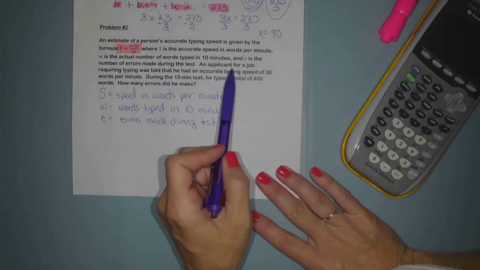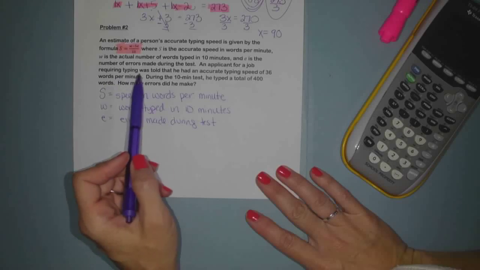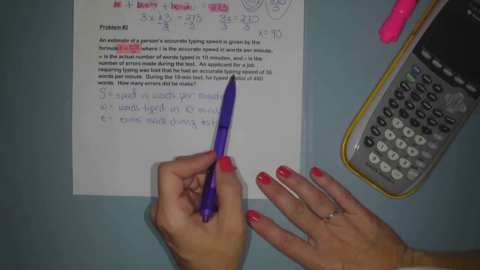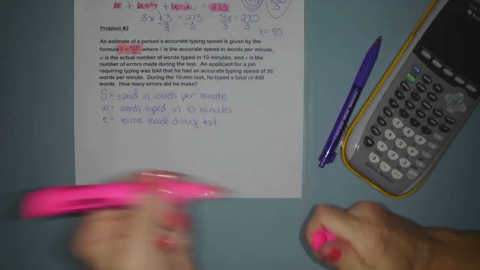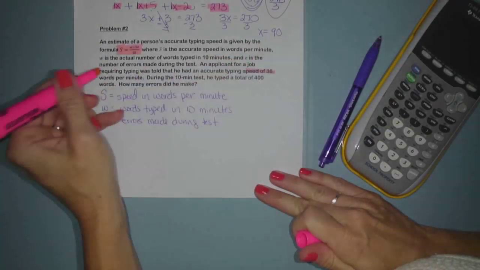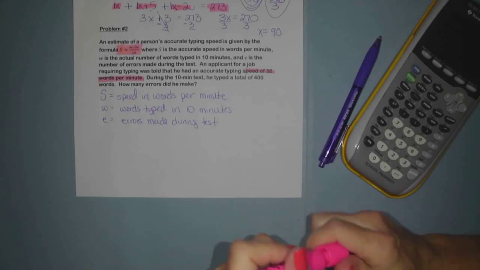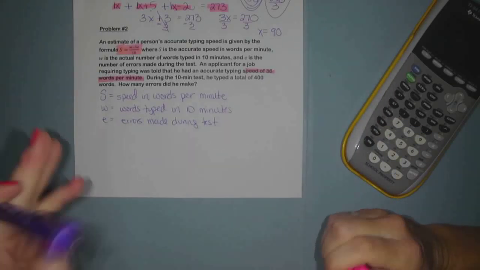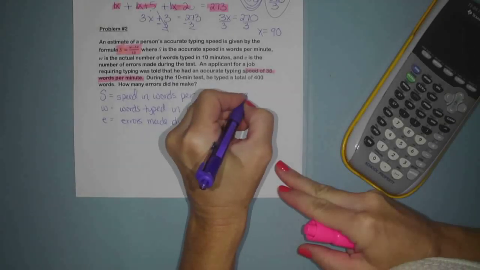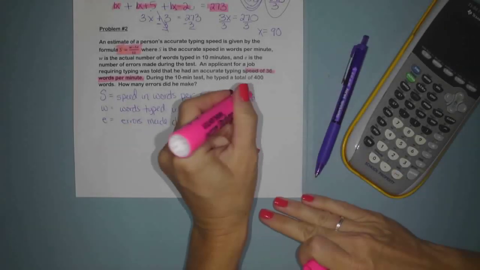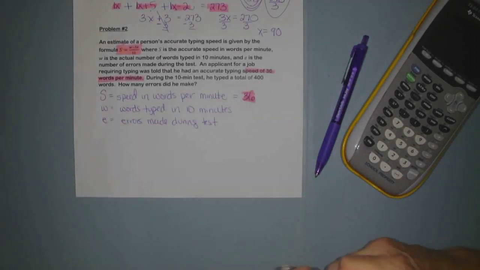Okay, an applicant for a job requiring typing was told that he had an accurate typing speed of 36 words per minute. So his speed is 36 words per minute. So for speed, S, they're giving me 36.